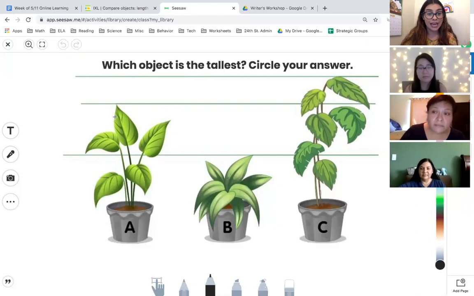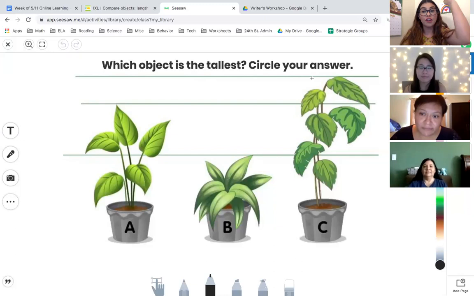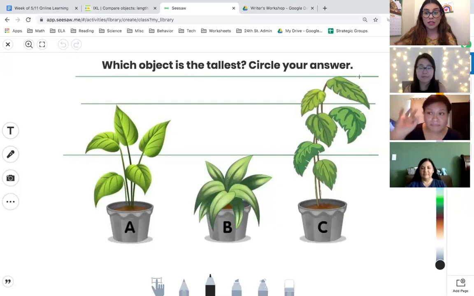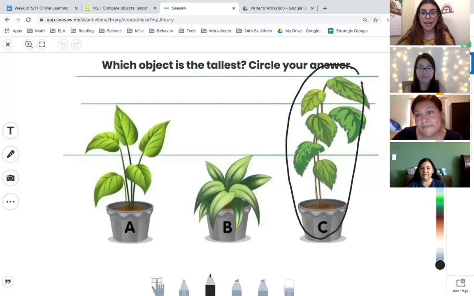So let's look at A, and it has a line here, but then plant C extends further than that. So we want to see which object is the tallest. We want to see which one has the most height that goes further than the rest. And I noticed that plant C goes further up than all of the rest. So I'm going to circle plant C as my answer.